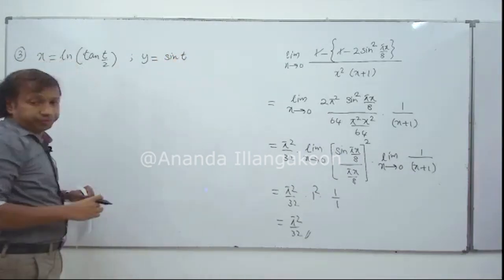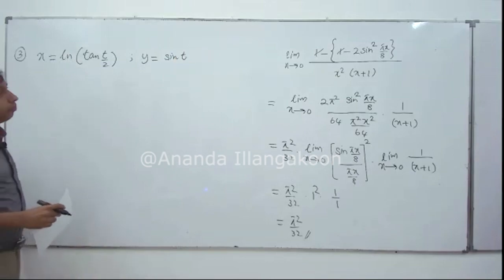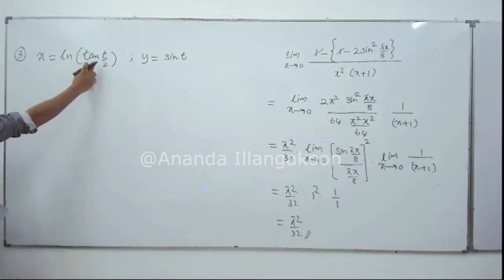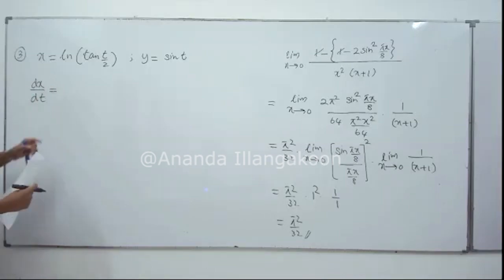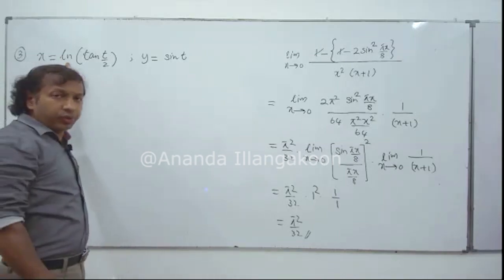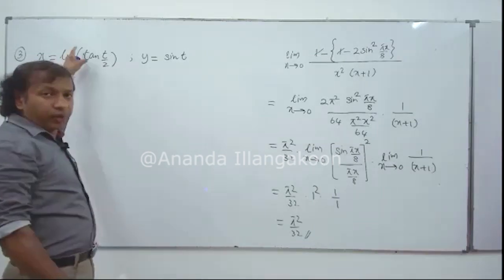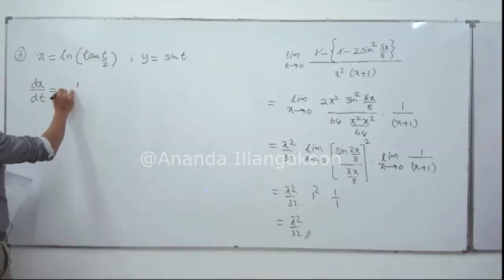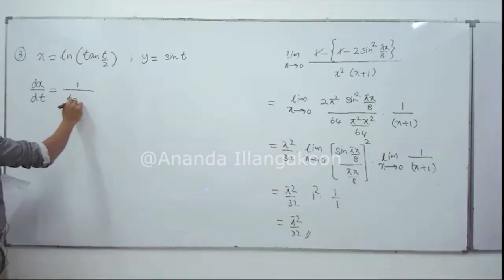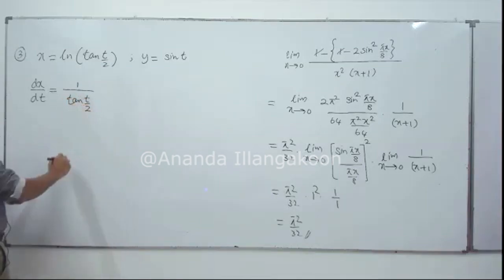Okay, I will differentiate this. On the right hand side we have t, no? Then we can differentiate the right hand side with respect to t, dx upon dt. First, ln: when you differentiate log, what do we get? 1 over the function inside this log, 1 over tan t by 2.